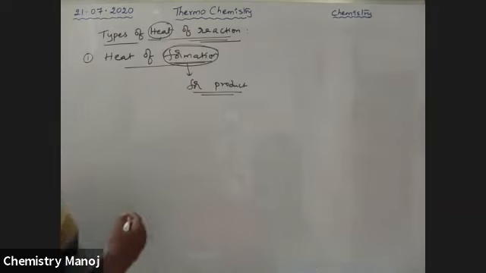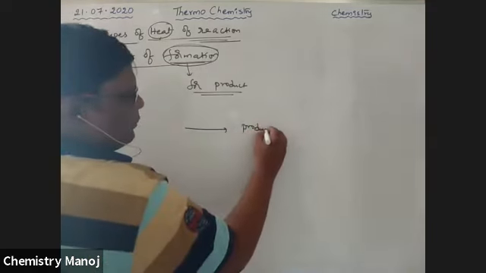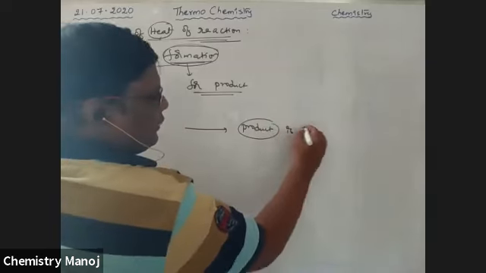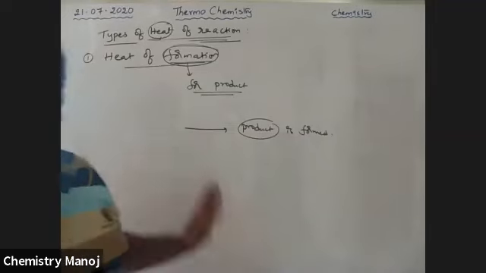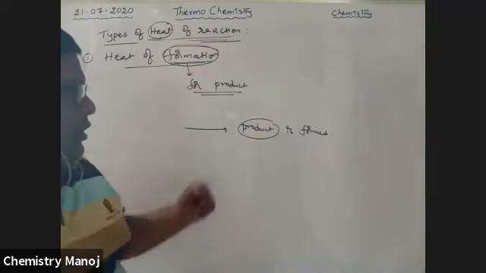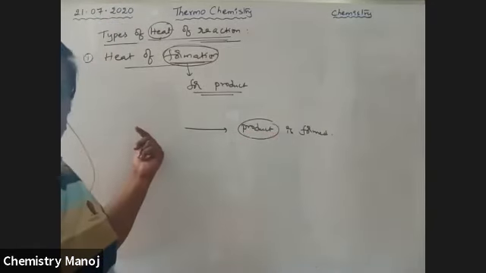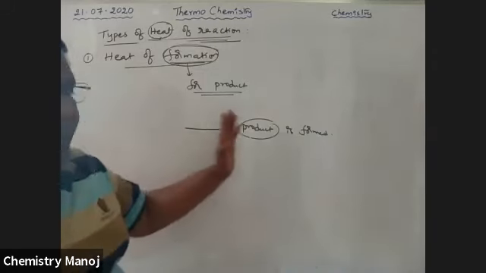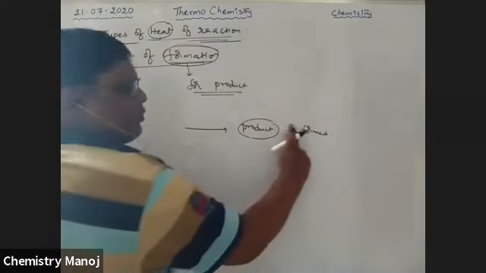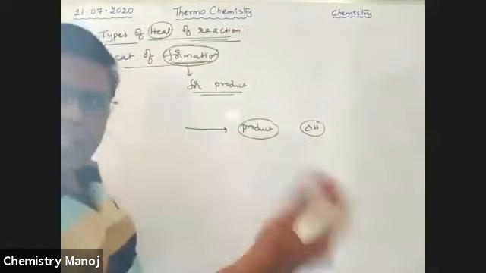See here, formation: in any chemical reaction, a product is formed, no doubt, from some reactants. We don't want those reactants, but some product is formed. During the formation of this product, there is a change in enthalpy; heat energy may be released or absorbed.